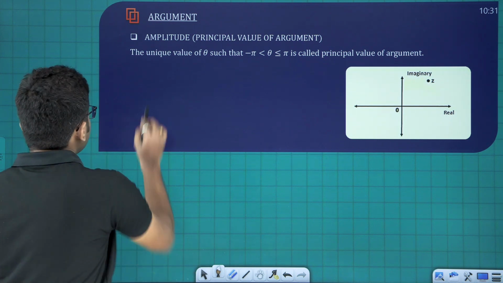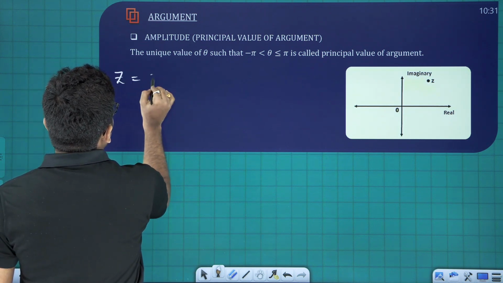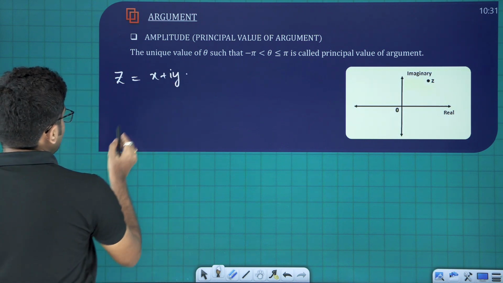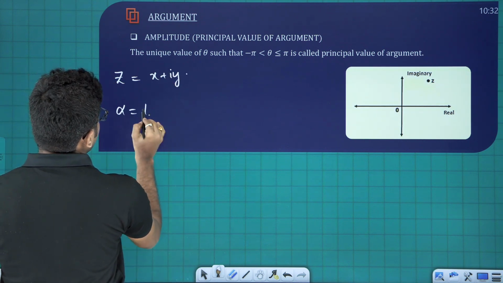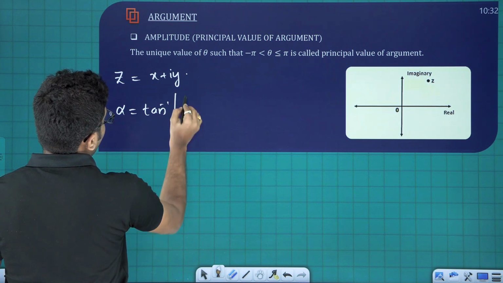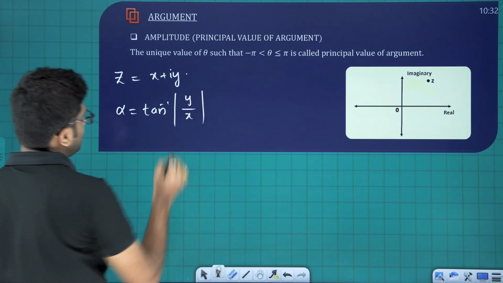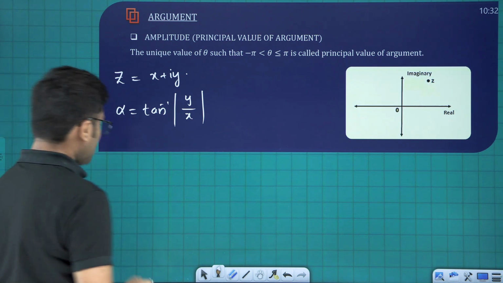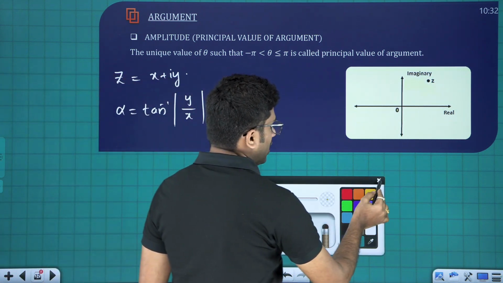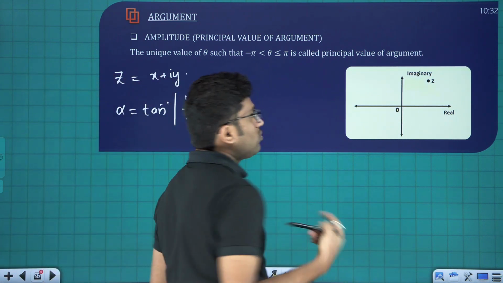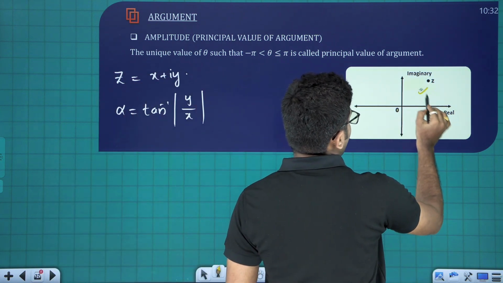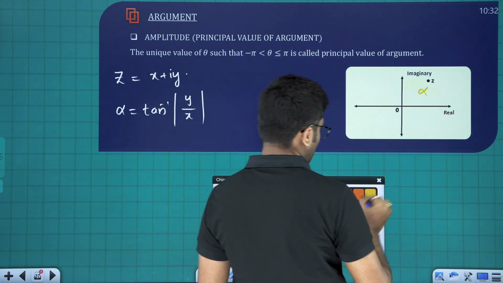Now how do we get the principal argument? Very simple, friends. First, z equals x plus iy. Irrespective of z, first we find alpha. Alpha is tan inverse of mod y by x. Now friends, depending on the quadrant in which z lies: if z lies in the first quadrant, then the argument is equal to alpha only.